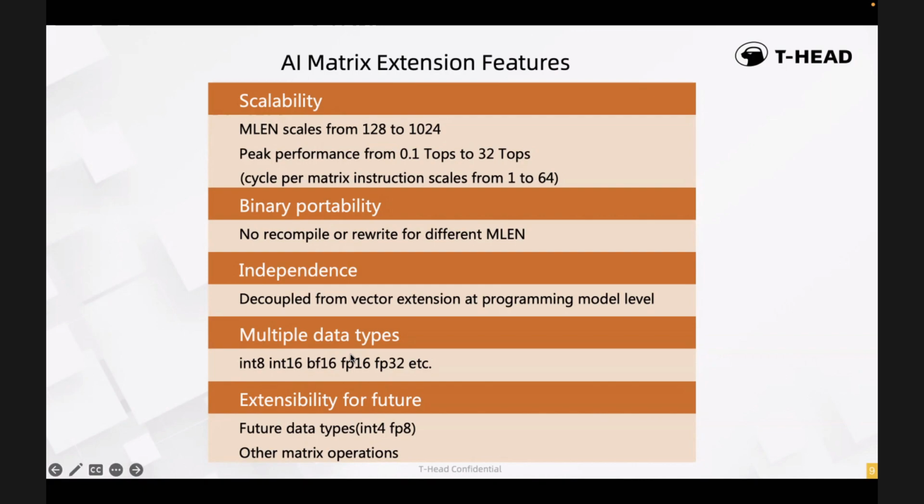Also, the extension supports multiple data types, including integer 8, integer 16, brain floating 16, floating point 16, floating point 32, and so on. The extension also leaves room for future extension of other matrix operations, such as matrix transpose, and future data types such as integer 4 and floating point 8.